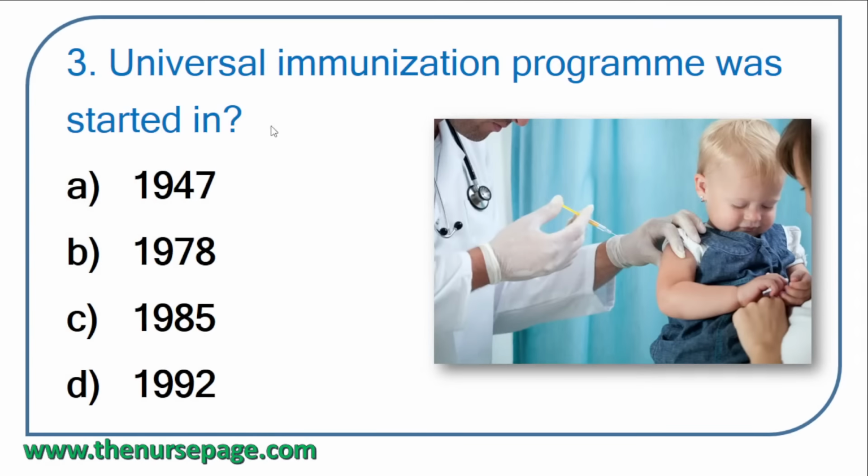Next question. Universal immunization program was started in 1947, 1978, 1985, 1992. Correct answer is 1985.